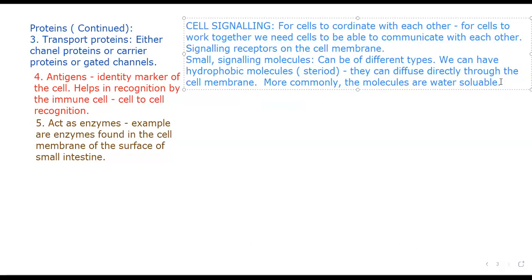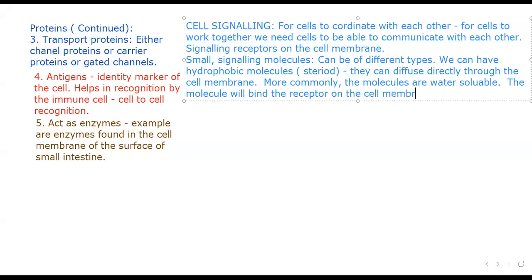So what is going to generally happen? The general process is this: the signal or the molecule will arrive at the protein receptor. The molecule will bind to the receptor on the cell membrane, right?